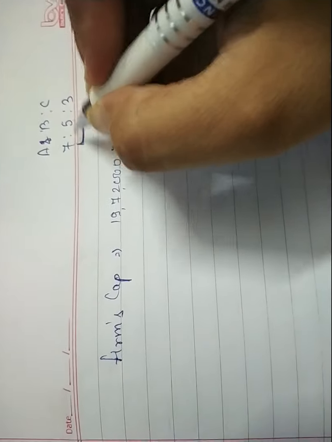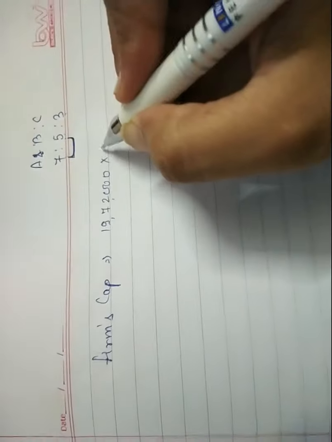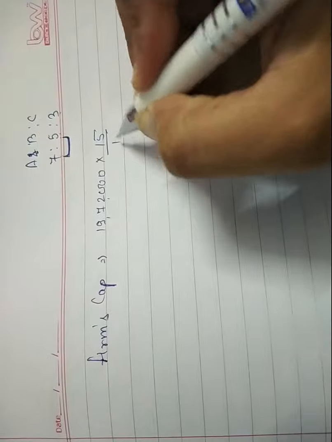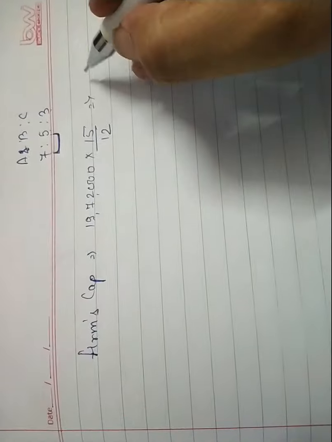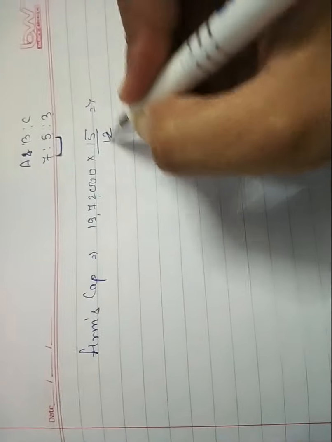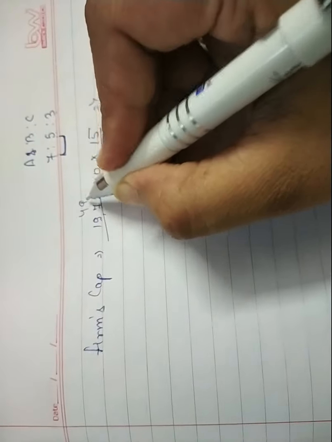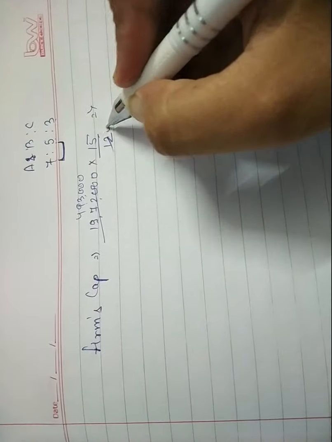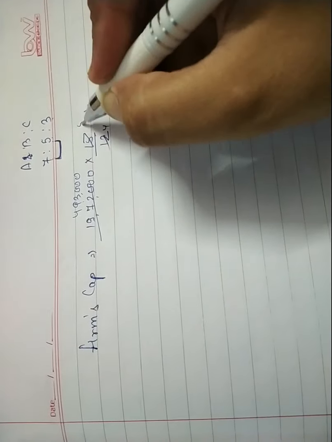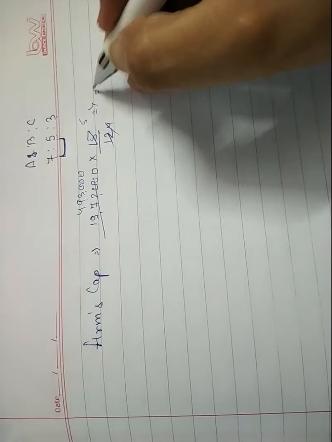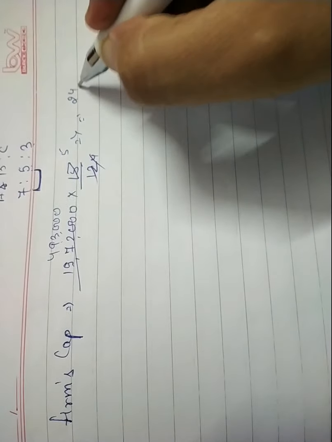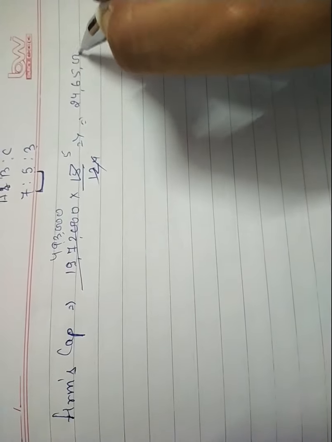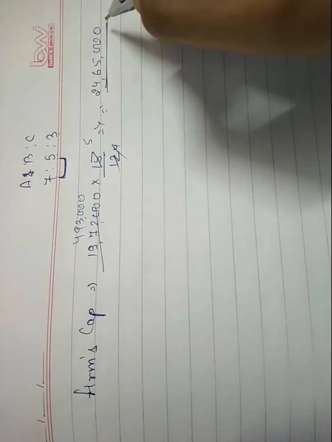That is 12/15. So I am taking the reciprocal of 12/15. Okay. So now we will have our firm's capital. We will divide it, that will become 4,93,000... that is 24,65,000. So it is our firm's capital.